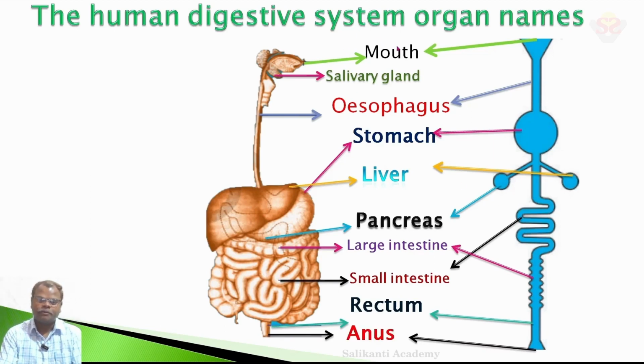These are the major parts of the human digestive system. Students, you identify each and every part in the digestive system, and remember the names also.